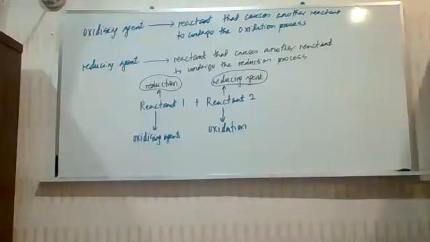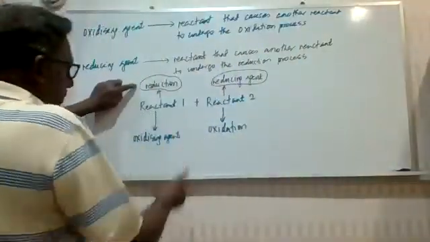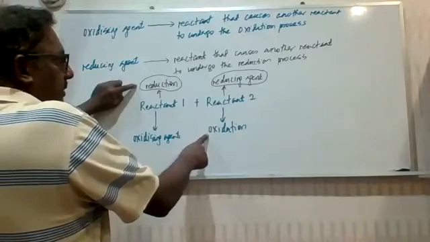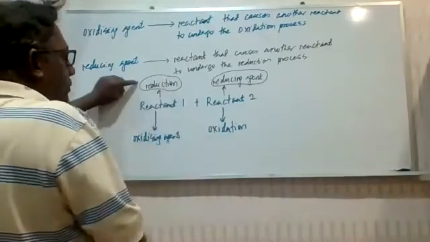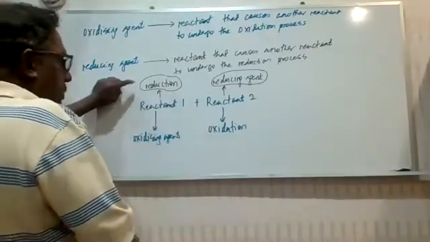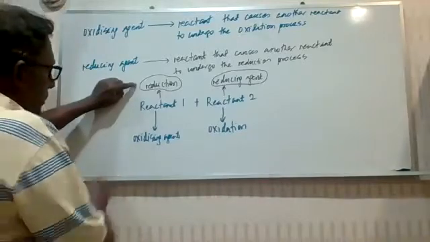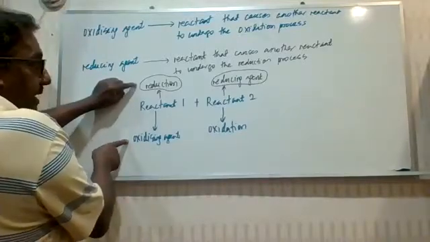Now comes the next question. How do we identify a reducing agent and an oxidizing agent in a chemical reaction? The best way is to find out which reactant undergoes reduction. That's easier. If a reactant undergoes reduction, what do you call that? Oxidizing agent.